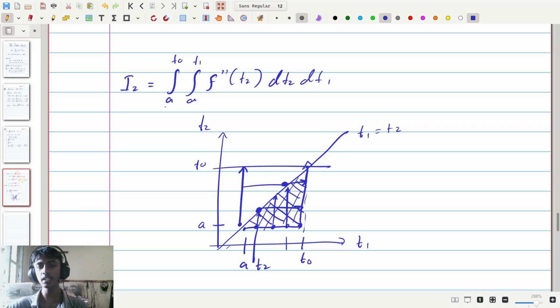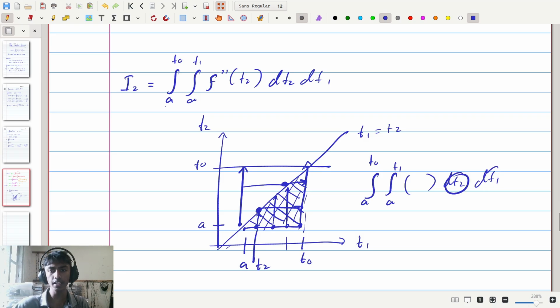So then, integrating from a to t0 and then integrating that value from a to t1 of something dt2 dt1, as in varying t1 first and then varying t2, would be identical to first varying t2 from a to t0, and then while varying that value, we vary t1 from the current value of t2 up to t0.